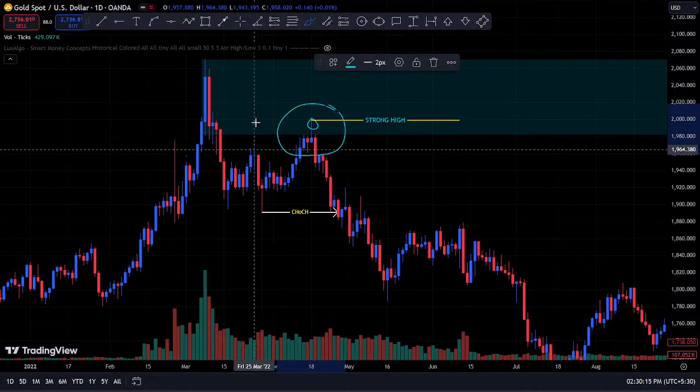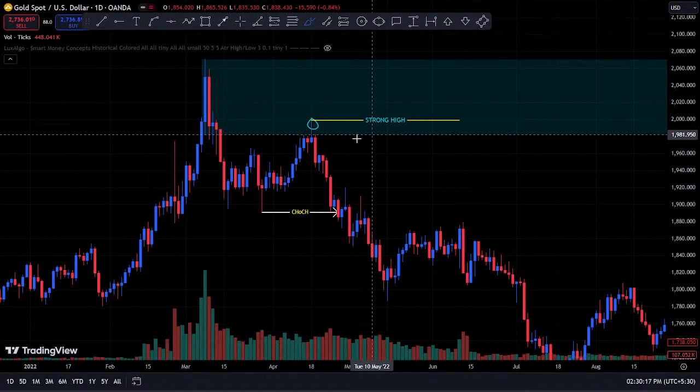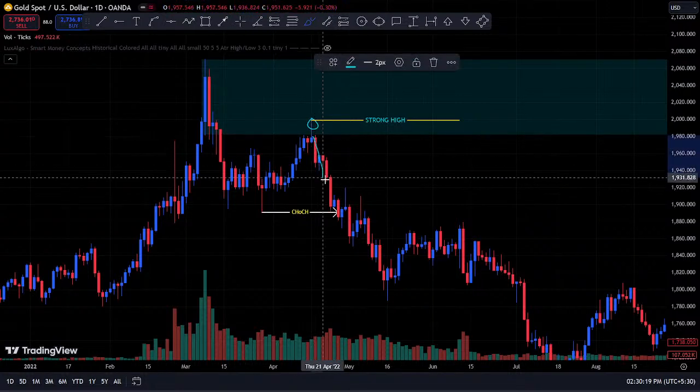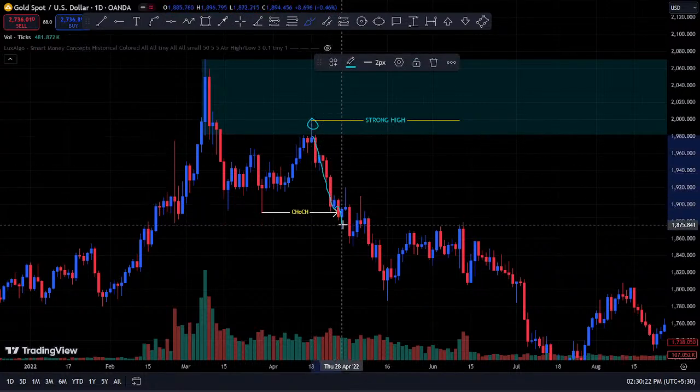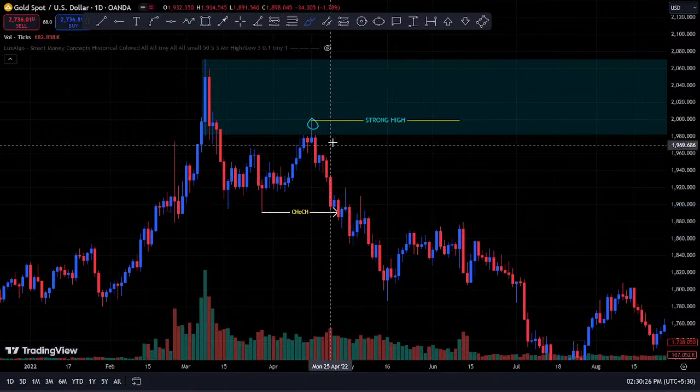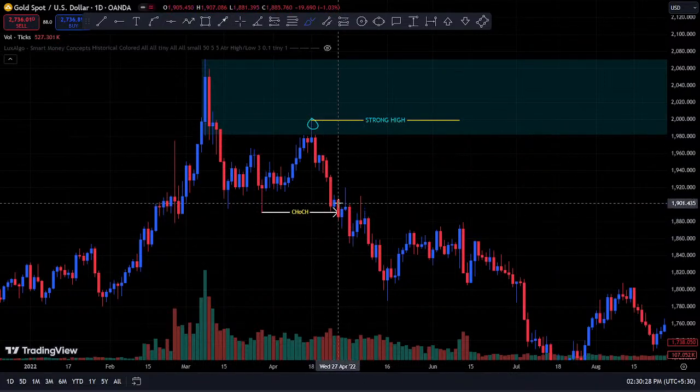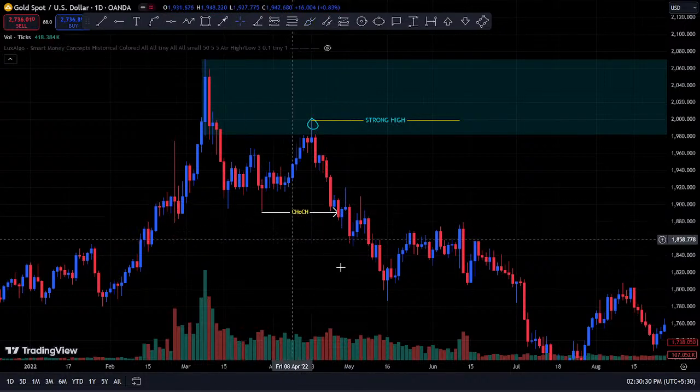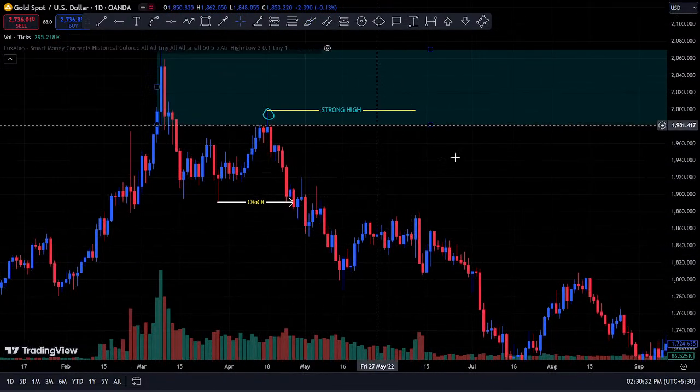Because there are more sellers trying to sell this particular thing. The reason I call this a strong high is because it did its job. It broke this particular low. Okay, so we have a change of character.